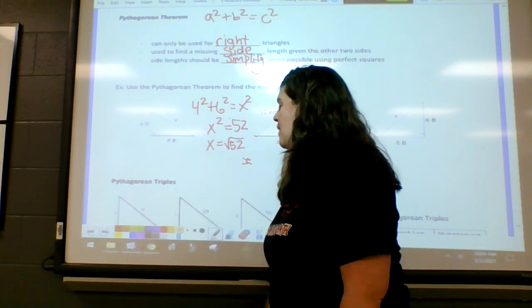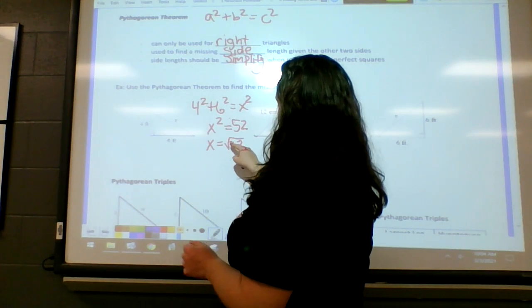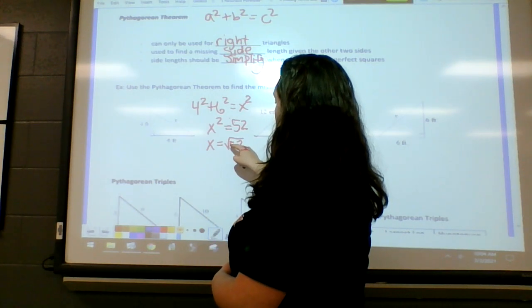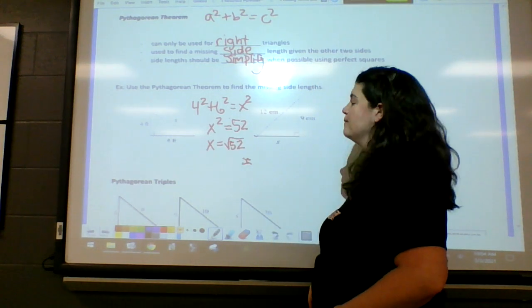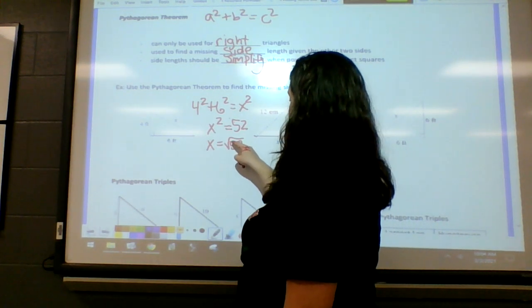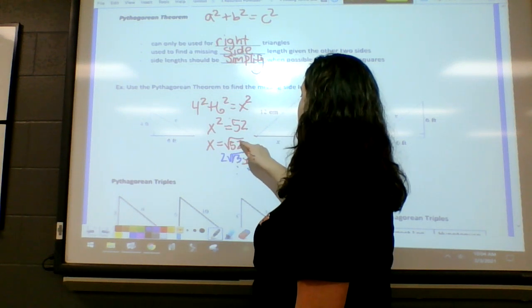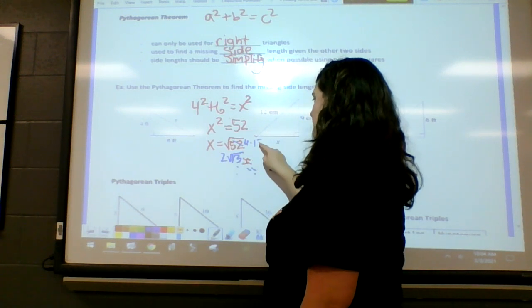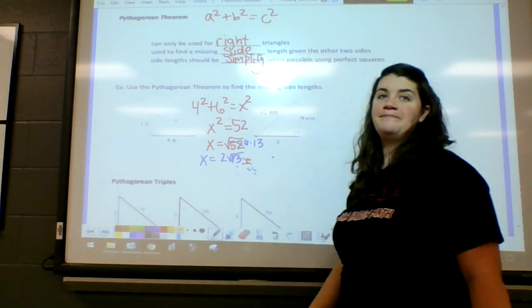What was the perfect square that went into 52? Yeah, how did you simplify the square root of 52? 2 times the square root of 13. So 52 was 4 times 13, and then the 4 came out as a 2, so x is 2 square root of 13.